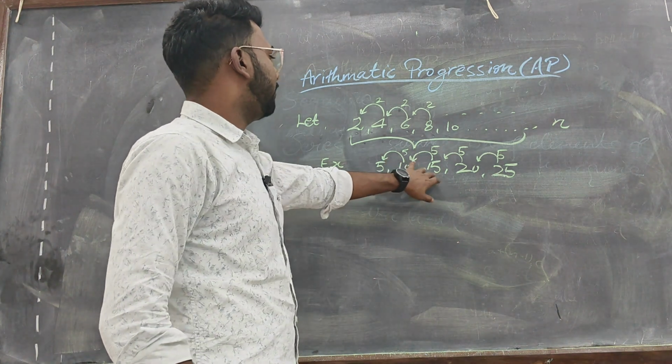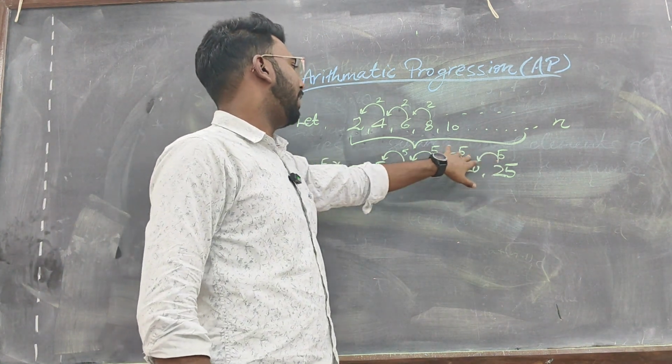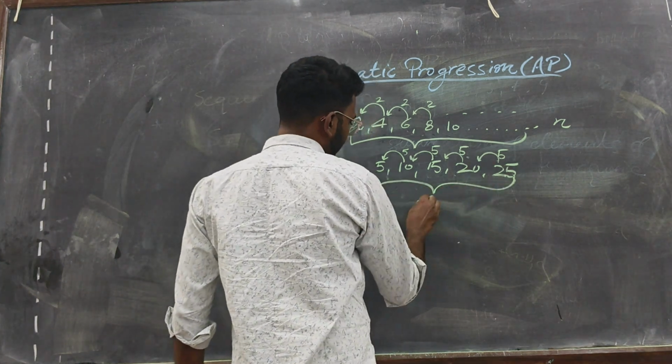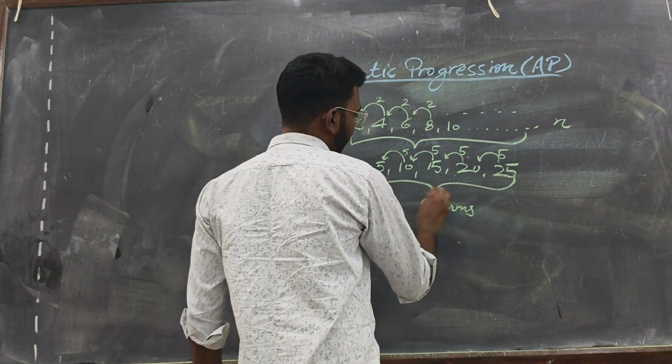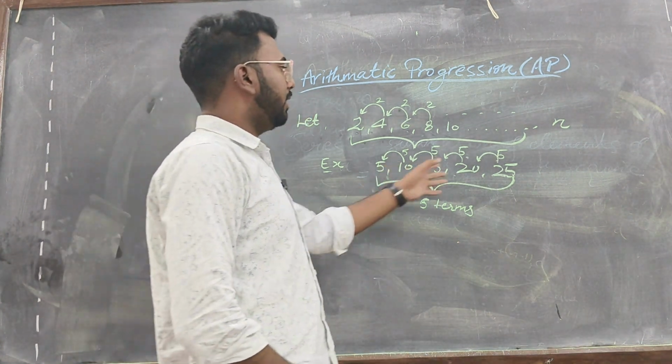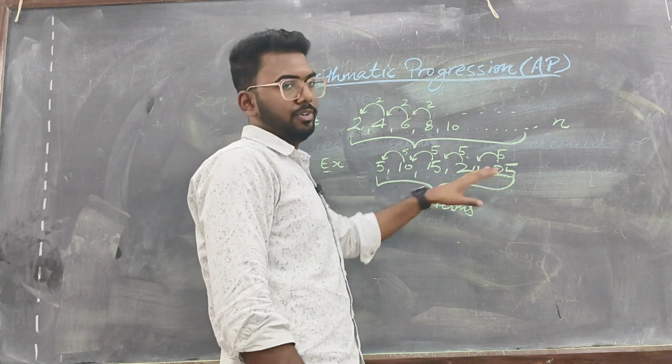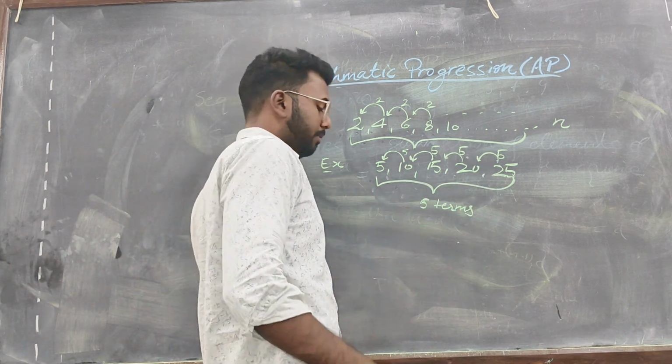So the difference between two consecutive terms is 5 in each and every case. So this is an AP of 5 terms. There are only 5 terms. A sequence can have n terms; it can be infinite, or it can be a definite sequence which has a limited number of countable terms.